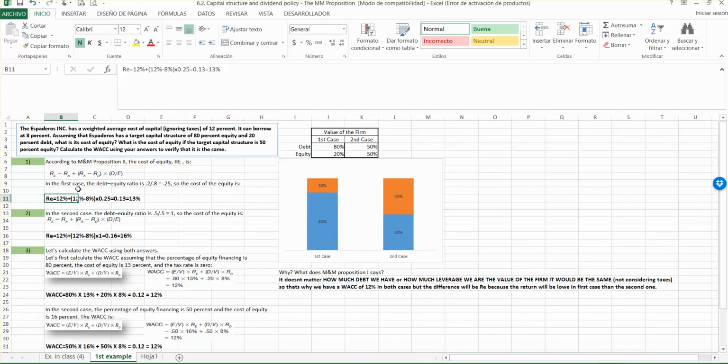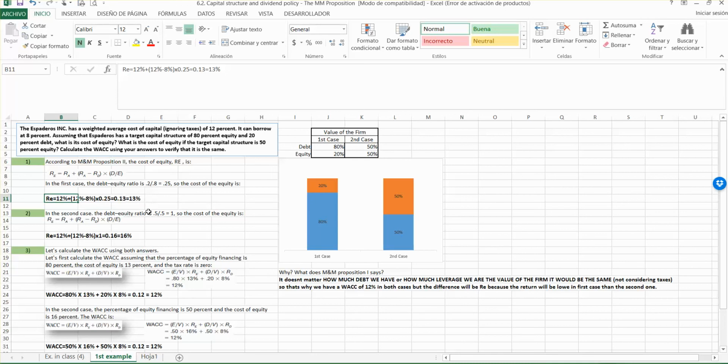RA is the same as WACC in this proposition, so we have the weighted average cost of capital as RA, return on assets. 12% plus 12% minus 8%, which is the loan, multiplied by 0.25. The result is 13%.